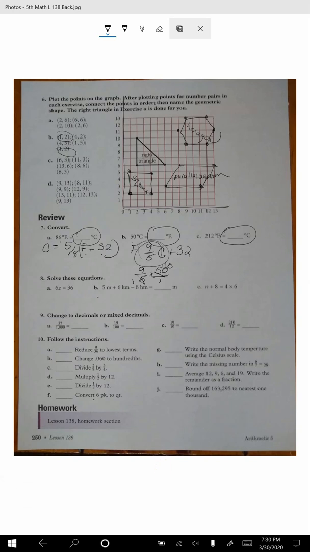All right, just real quick for solving this equation. Should I help you? All right, this is 6 times Z. So the opposite is divide, because we want to get rid of that and have Z by itself.